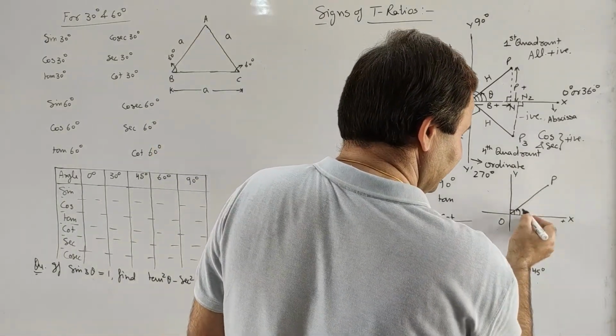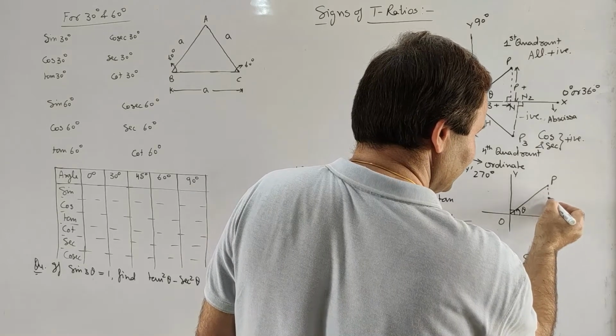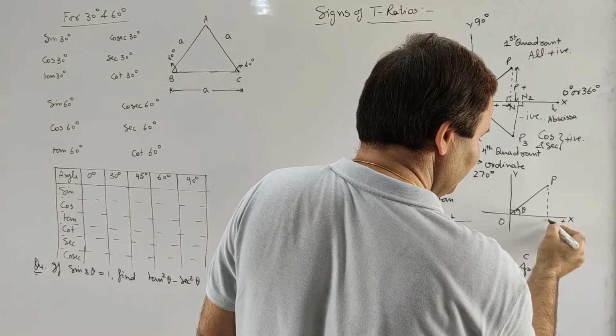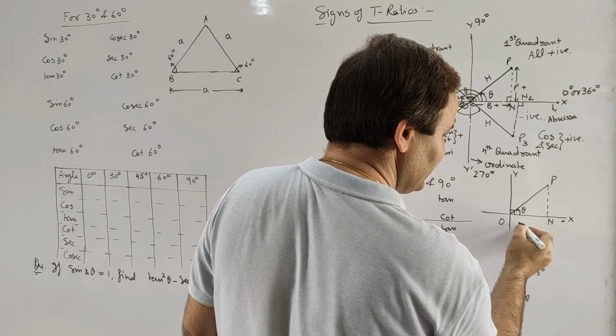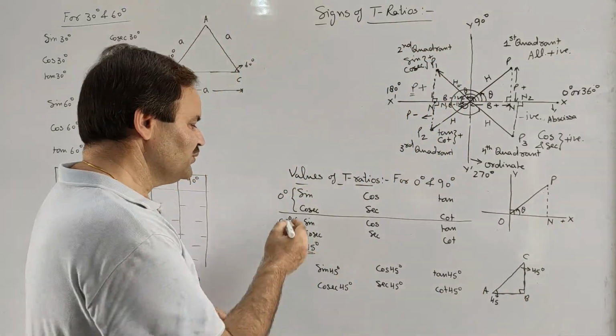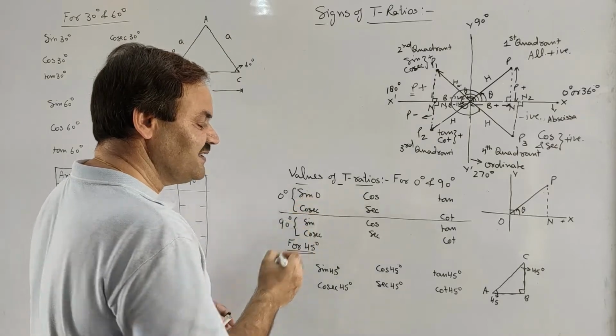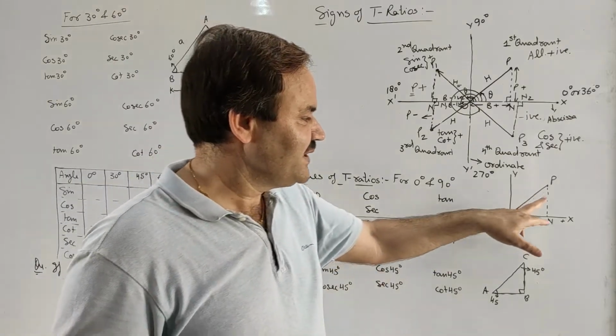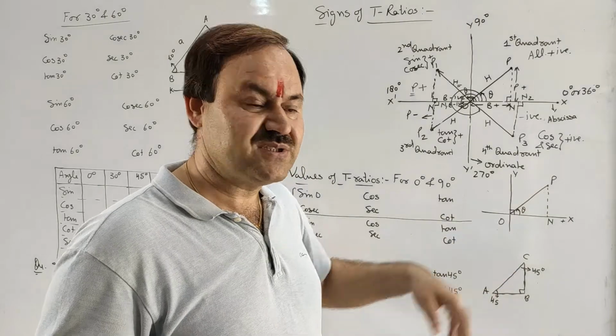For this angle theta, perpendicular will be PN and base will be ON, and we know that sine theta is perpendicular upon hypotenuse.